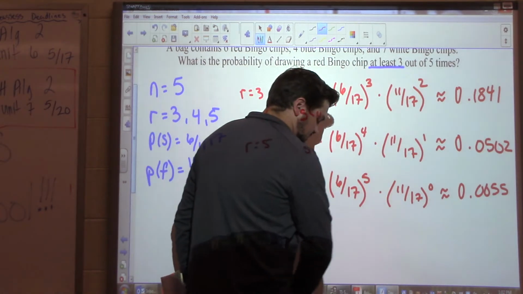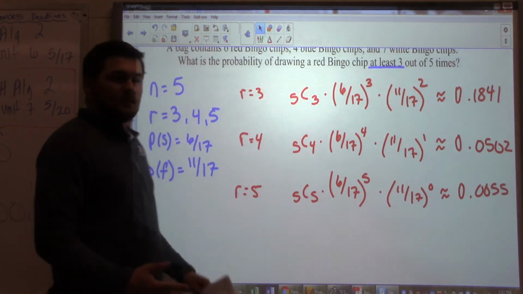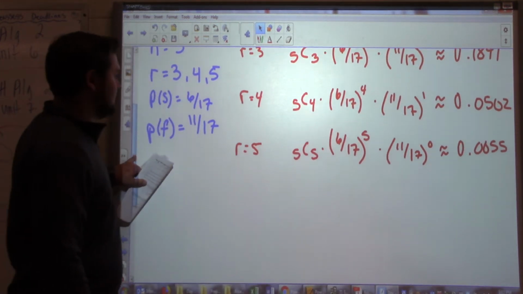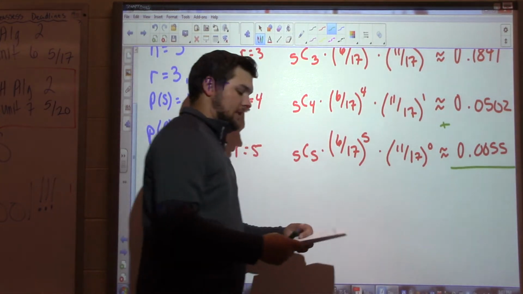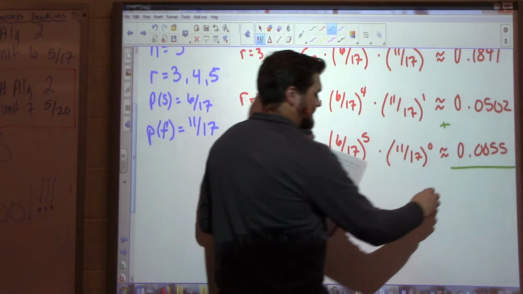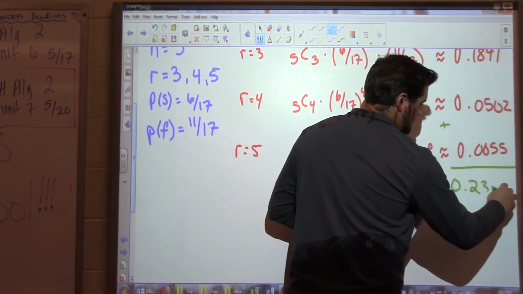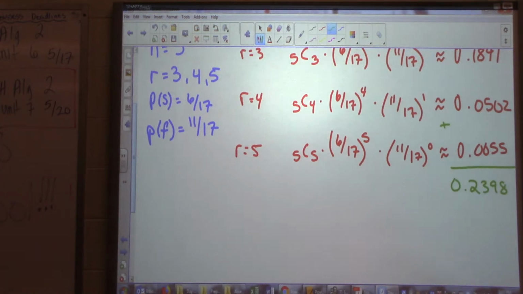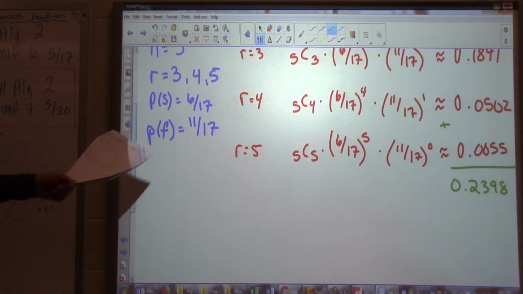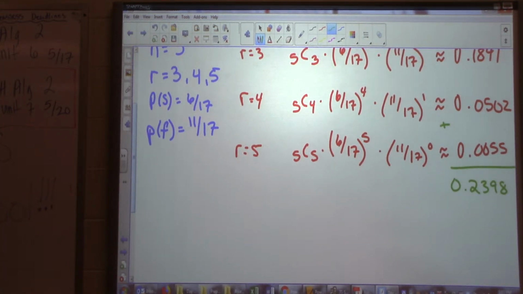All right, and what should I do with those three? Add them all together, right? When we add them, we should get 0.2398, which means we have about a what percent chance of getting at least 3 reds?